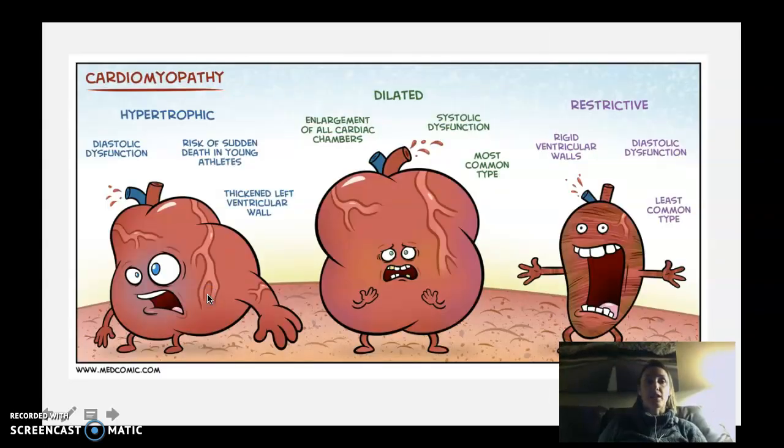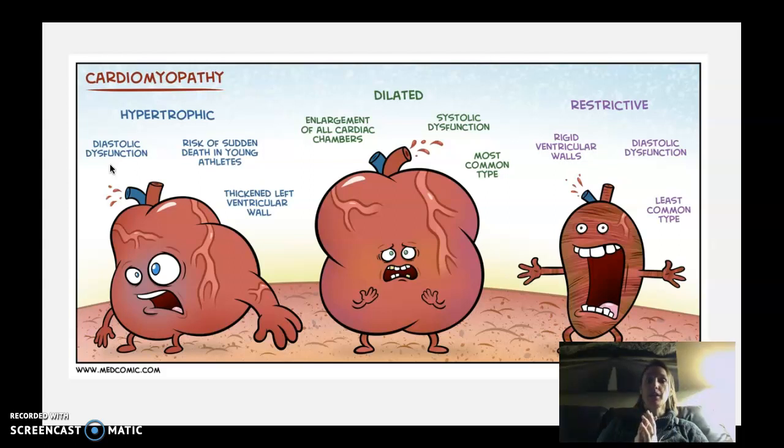In somebody that has a cardiomyopathy, they're going to have problems with the heart pumping blood out of the heart. So we can have either a diastolic dysfunction, which is in the resting phase where the heart is filling, so it's a filling problem.